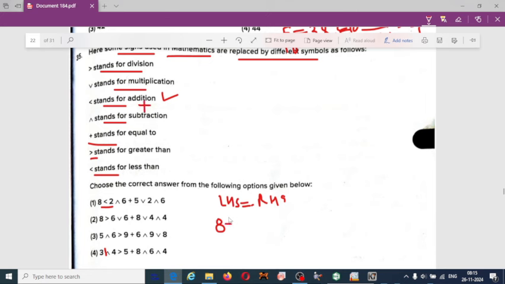So 8 plus 2, this below symbol stands for subtraction, minus 6, plus is equal to, and 5, this stands for multiplication, 5 by 2, and here this symbol stands for subtraction, minus 6.